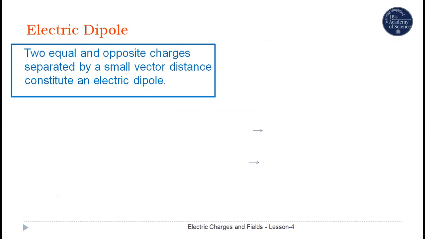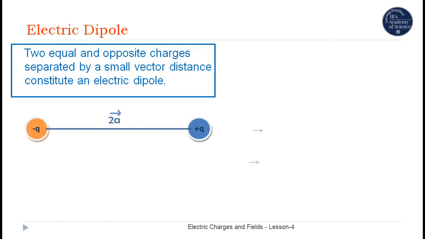Two equal and opposite charges separated by a small vector distance is called an electric dipole. So it is a system of two charges separated by a small distance.